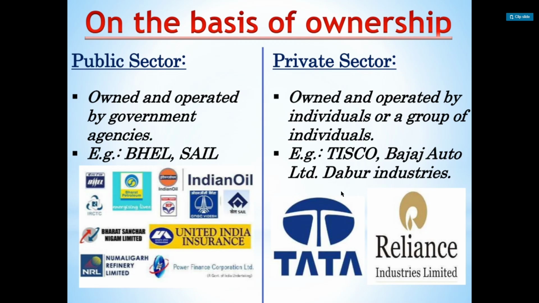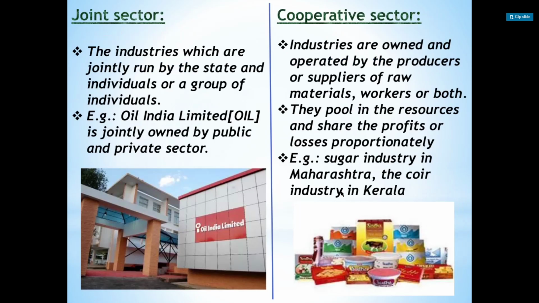Tata's graph too. So these come in the private sector because they are owned and operated by an individual. I think you all must know who is the owner of Reliance. And in the public sector, Bharat Sanchar Nigam Limited, United India Insurance, Indian Oil, Bharat Petroleum, all these are public sector. So this classification is on the basis of ownership.